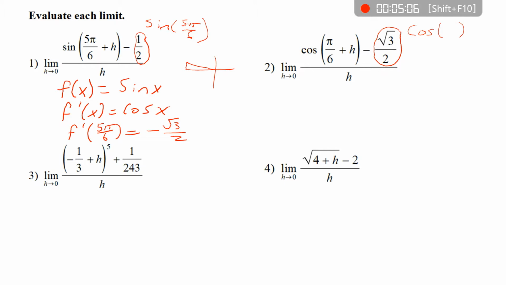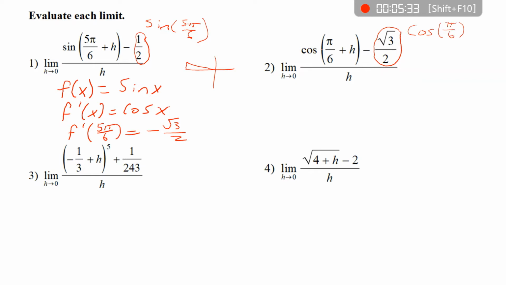I'm looking at number 2 right now, though. What's our x value for number 2? Pi over 6, okay.